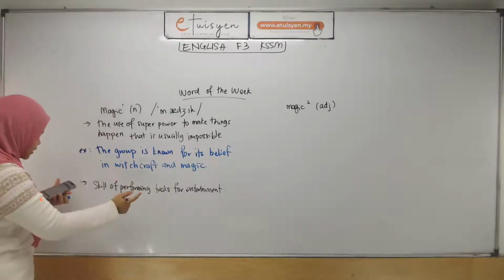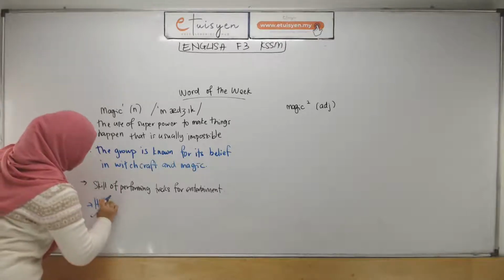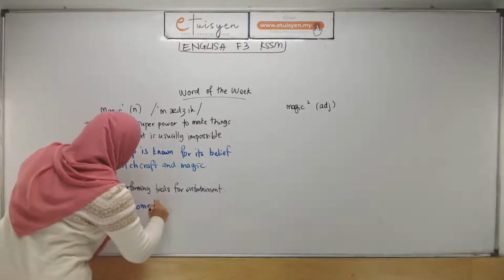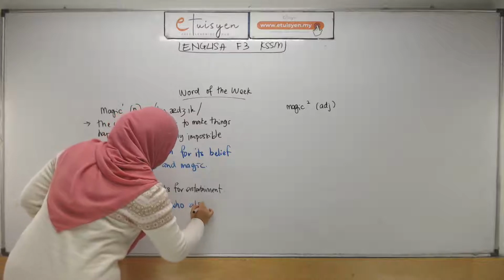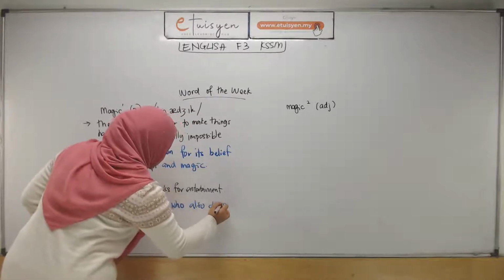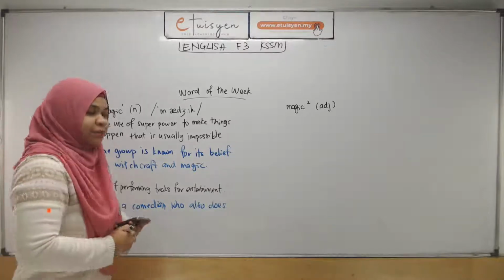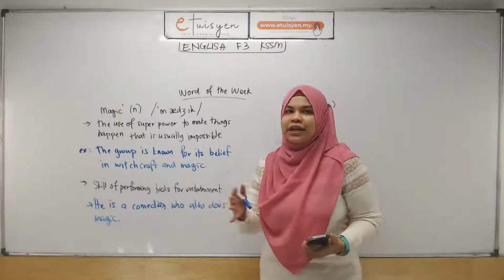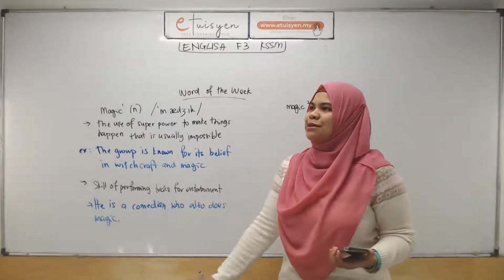Now the second one, kalau skills ni pula, okay, he is a comedian who also does magic. Okay, so comedian are those people who tell jokes, okay, who can really like funny people. Kalau dekat Malaysia ni comedian, siapa nama?